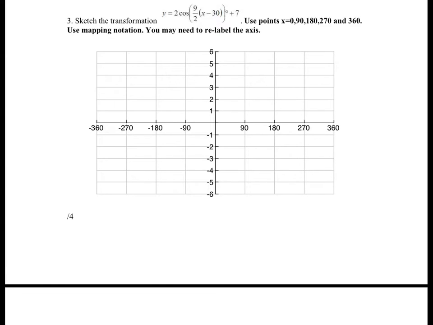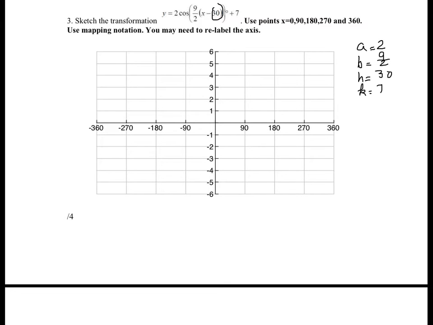So first we need to find A. We know that A from the graph is the coefficient, which is 2. Then we are going to find B. B is the coefficient of x, which is 9/2. Then H is the phase shift, which is 30. And K is 7.